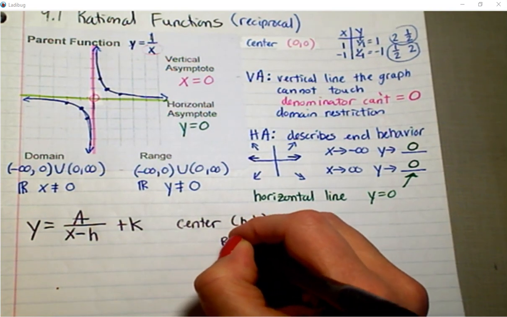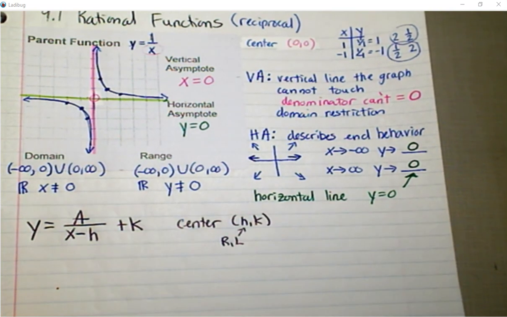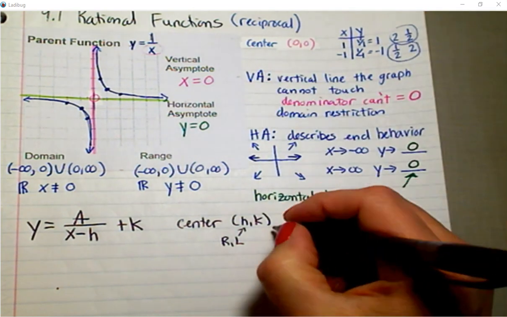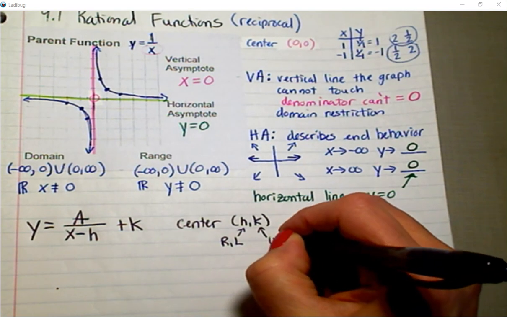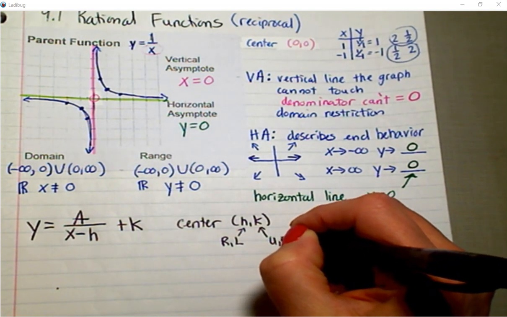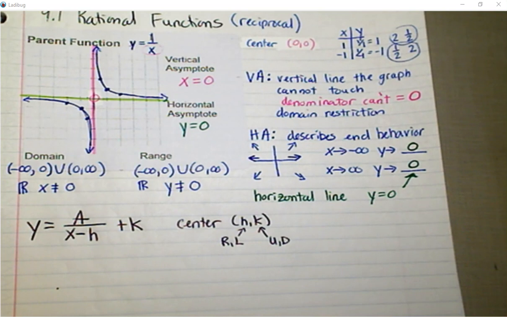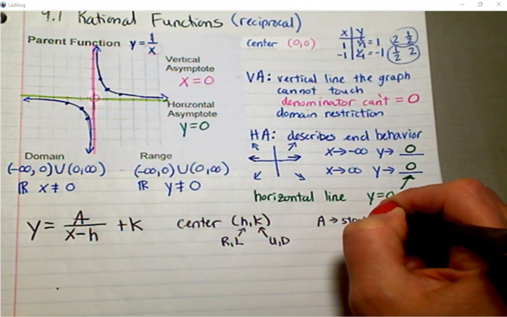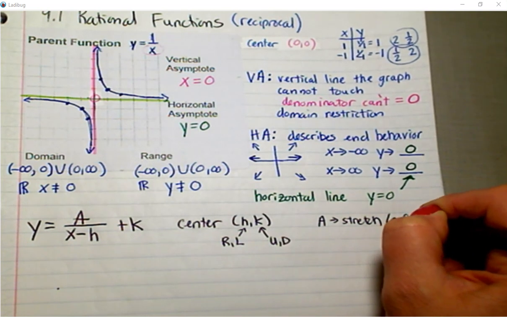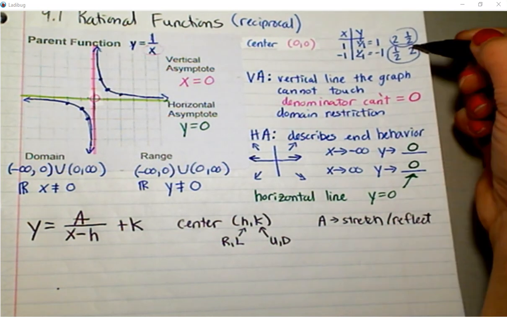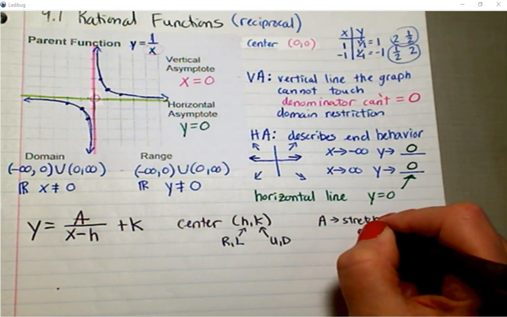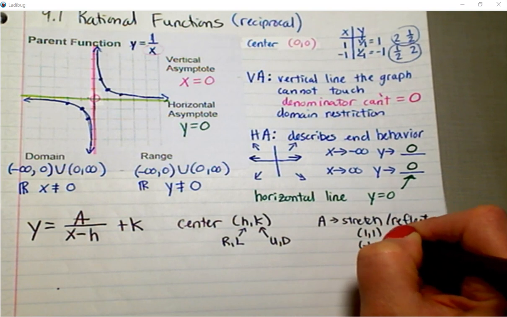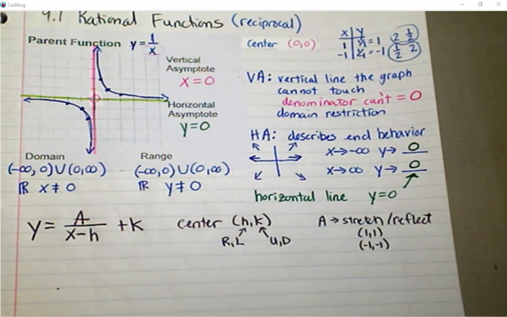This one is going to go right and left. This one is going to go up and down. And the a value is going to be our stretch or potentially reflection with those parent points. Our parent points are (1, 1) and (negative 1, 1).